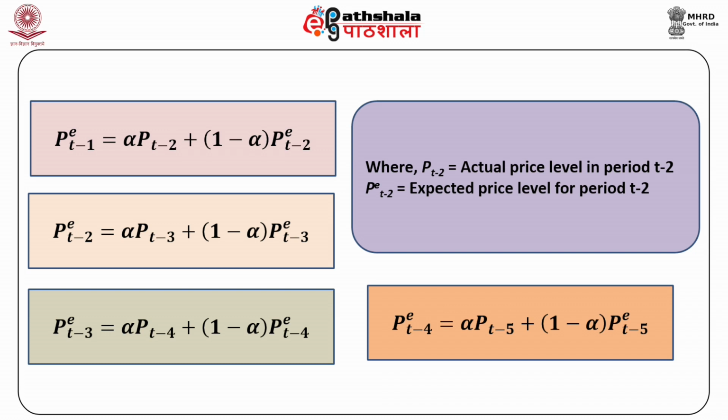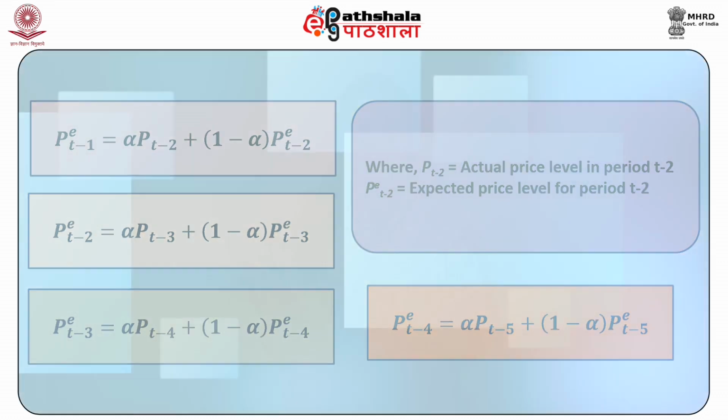Pt-3^e = alpha Pt-4 + (1 - alpha) Pt-4^e, equation 5. Pt-4^e = alpha Pt-5 + (1 - alpha) Pt-5^e, given as equation 6, and so on.